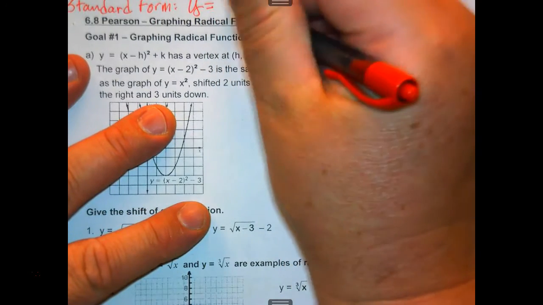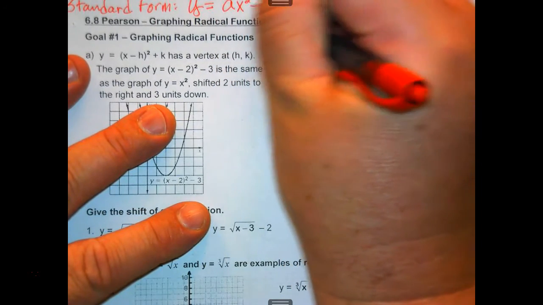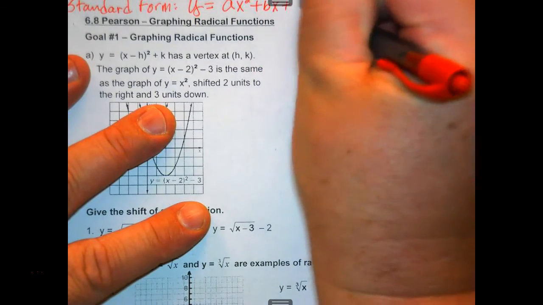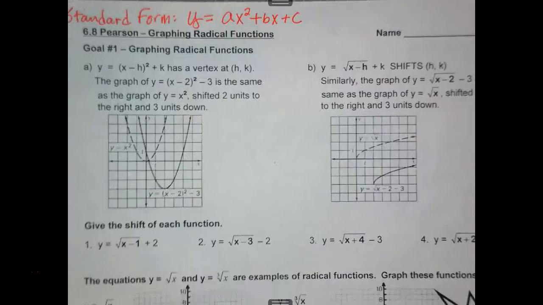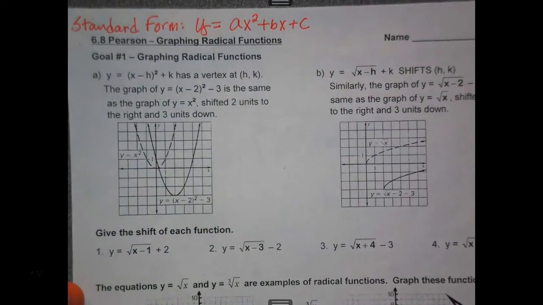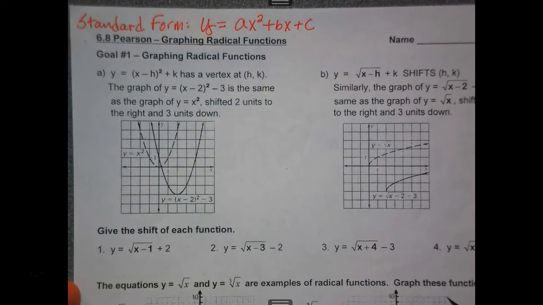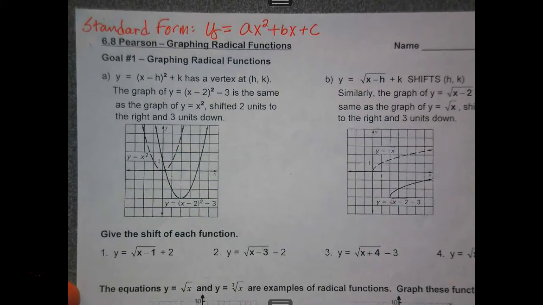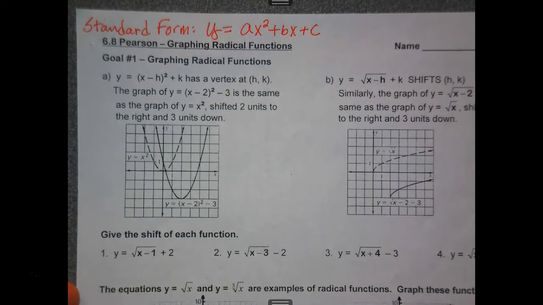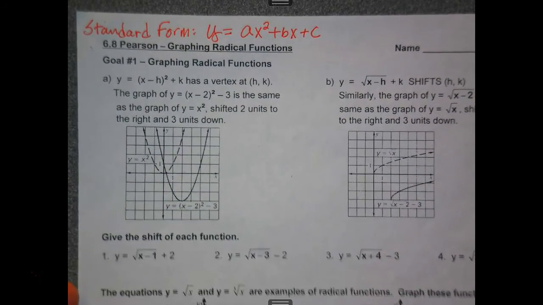Standard form, y equals ax squared plus bx plus c, is standard form of a quadratic equation. There is a vertex form of this equation as well.